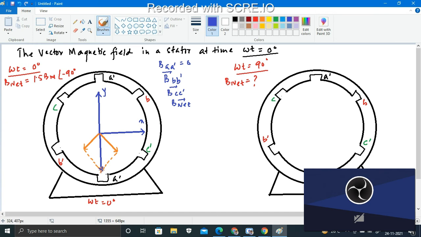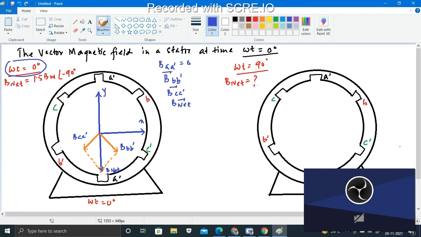This portion is my b net. This is for b of b dash. This vector we are considering b of c dash. Okay, so that is actually the vector representation if omega t equals 0 degree.